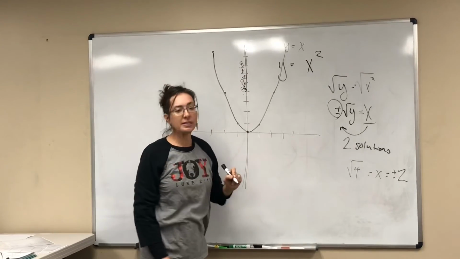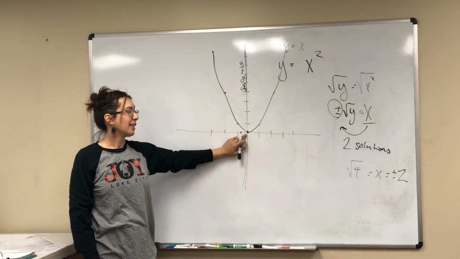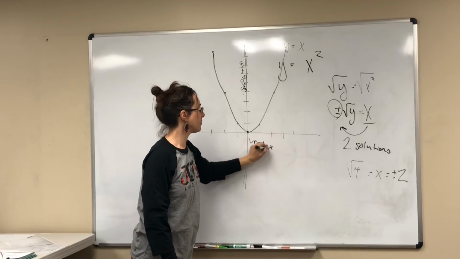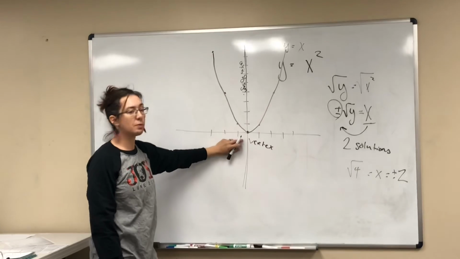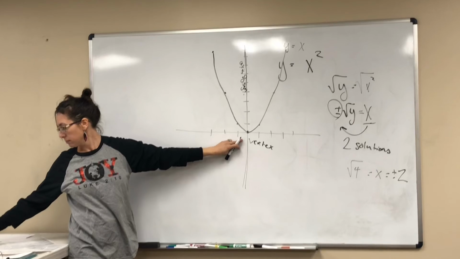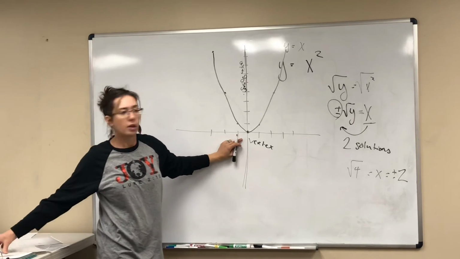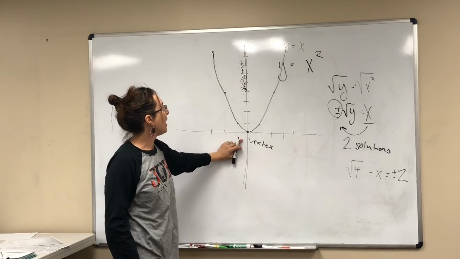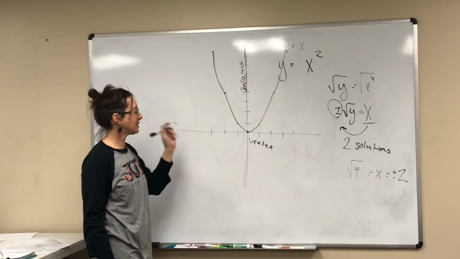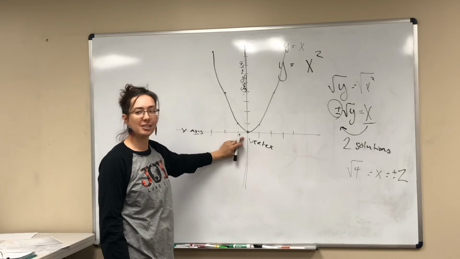The very tippy top, or the bottom, wherever it is, the point that it folds over is called your vertex. The axis of symmetry always runs directly through your vertex. You also have the places where it crosses the x-axis, which are your solutions.